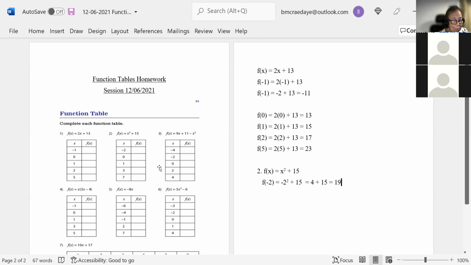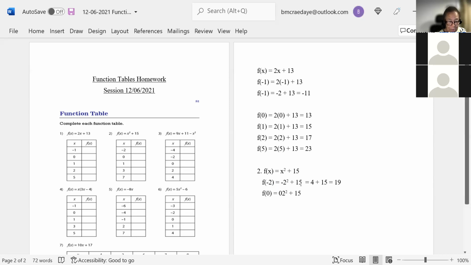All right. What about if it's 0? Let's just copy that and put the 0 in for the input. You tell me what your answer is. So put the 0, instead of minus 2, it's a 0. And then put a 0 here. Instead of a minus 2, it's a 0.